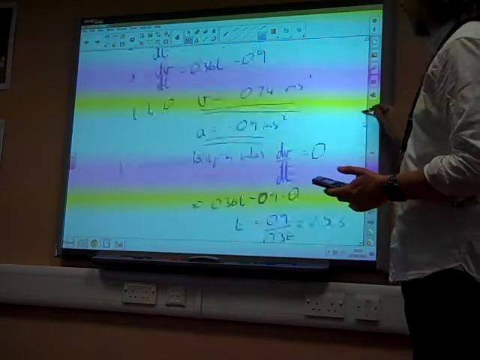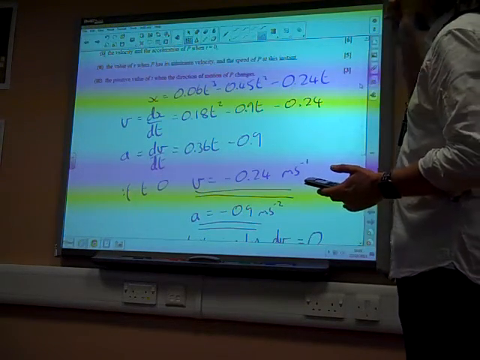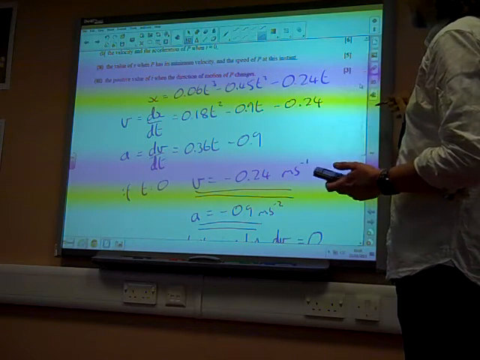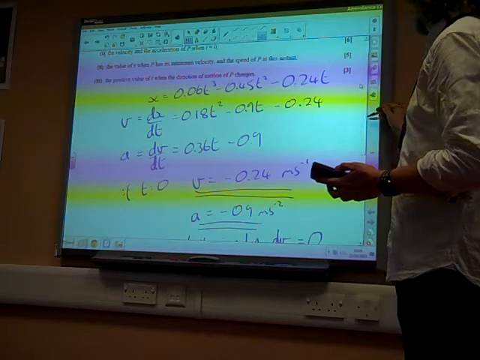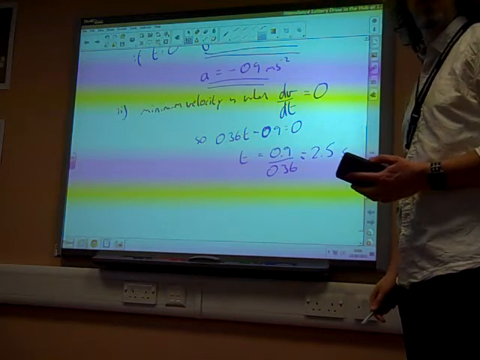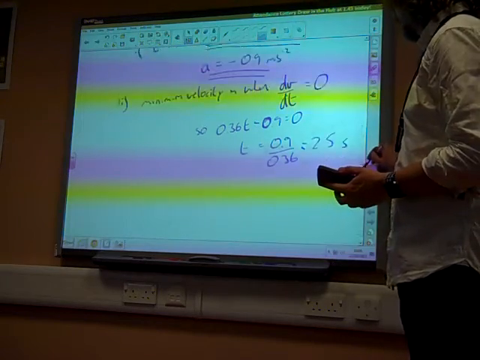But that's not what the question asked us. The question said, find the value of x when P has its minimum velocity and the speed of P at this instant. So having found this 2.5, we need to plug this back into the other expressions.